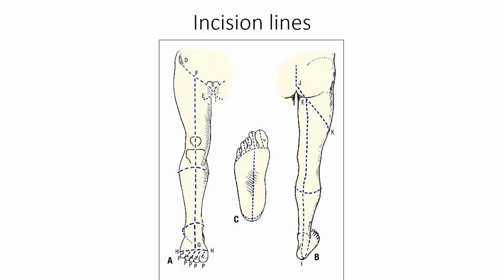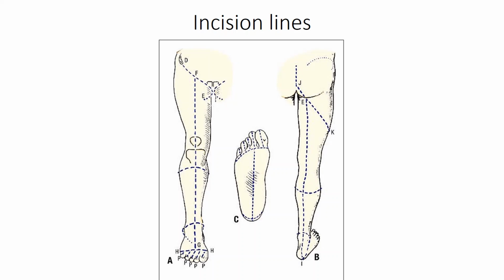Initially a line is joined, laterally from the anterior superior iliac spine and medially to the pubic tubercle. This is a curved incision, and it corresponds to the lower abdominal crease.